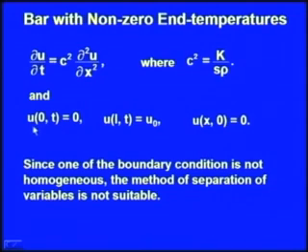We here assume that the end x equal to 0 is kept at 0 temperature throughout, while the end at x equal to L is maintained at u₀ being a constant, and initially the temperature of the bar is 0.